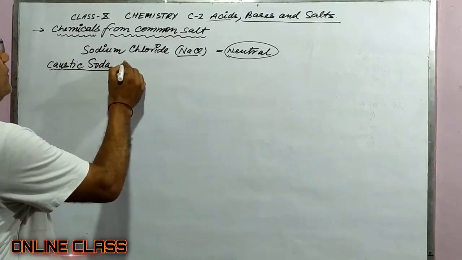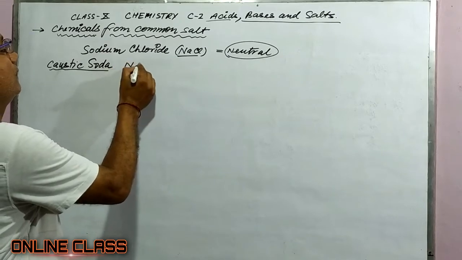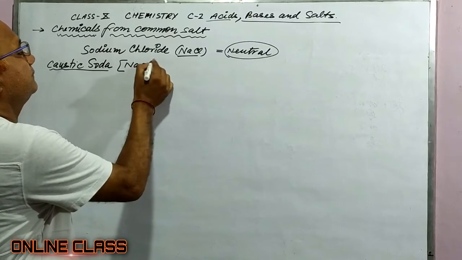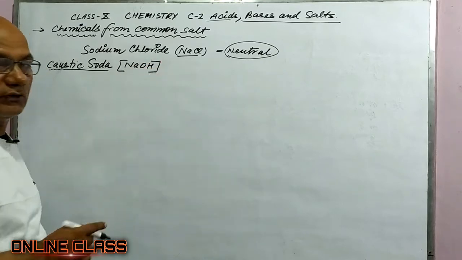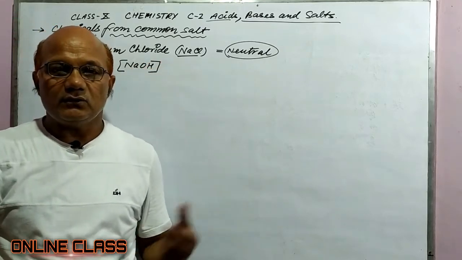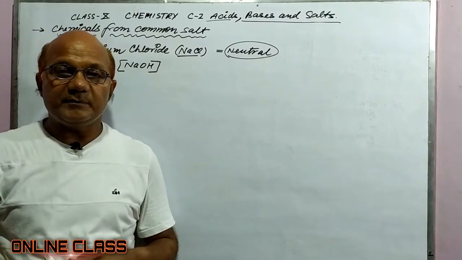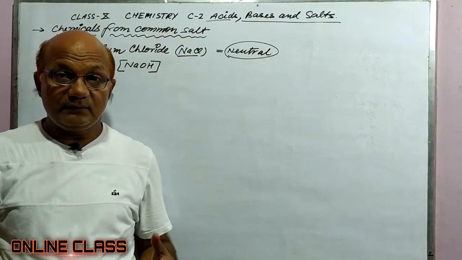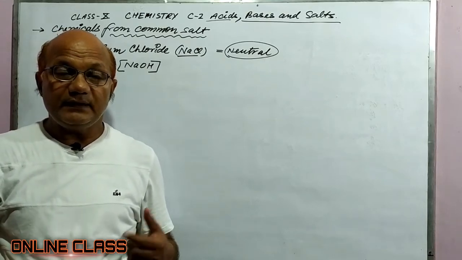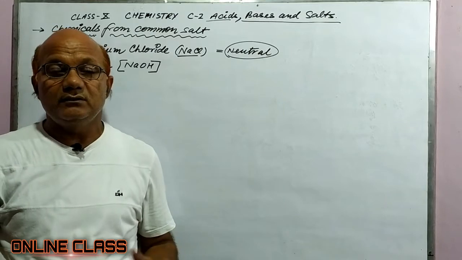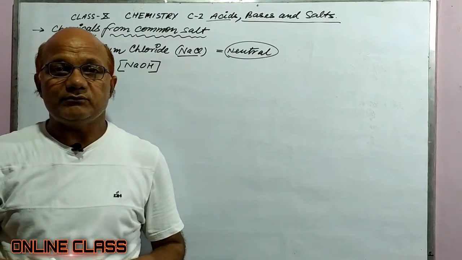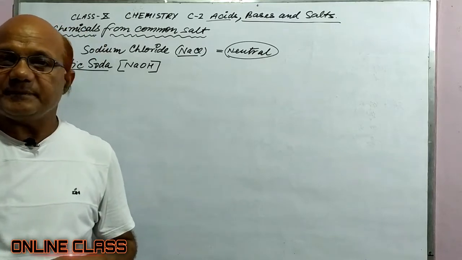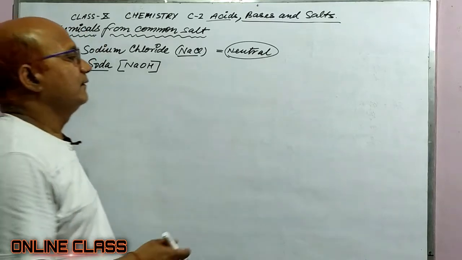Actually, caustic soda is NaOH. Sodium hydroxide is caustic soda. And how it is prepared from sodium chloride? Actually, when electric current is passed through the aqueous solution of sodium chloride, caustic soda is prepared. So, let us see.